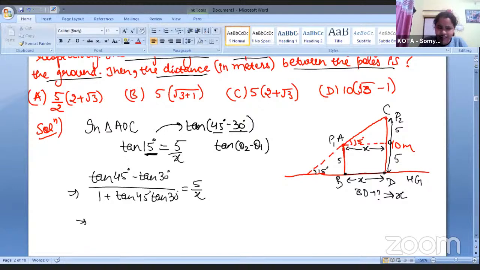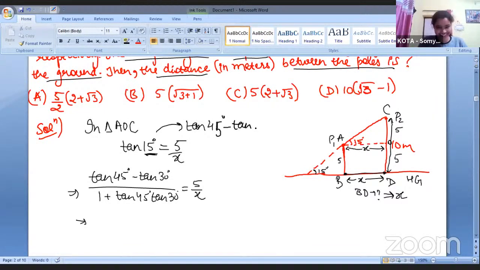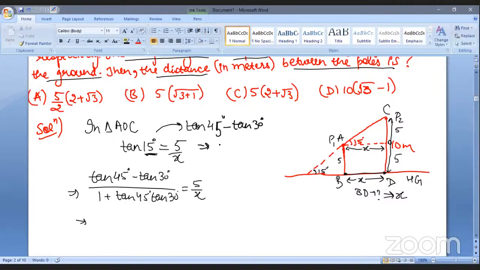Is it tan theta 2 minus... no, it is not like this, it is like this. Actually, this dizziness is driving me crazy. Tan A minus tan B. I'm so sorry, I'm acting crazy today. No, ma'am, we write it like that only.